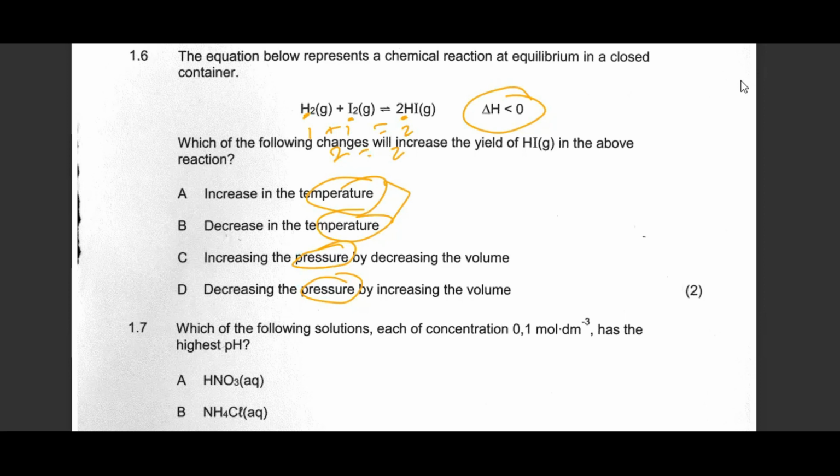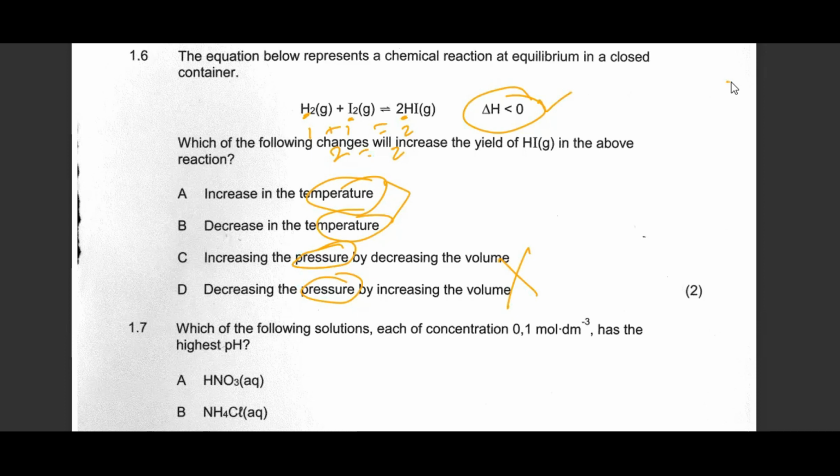But because the left and the right side both have the same number of moles, automatically pressure will not affect that reaction. So where there is pressure, those two options are out. So our answer must be either A or B. Now when you go to temperature, what are you looking for? You look for enthalpy.